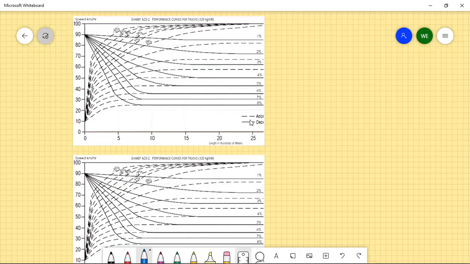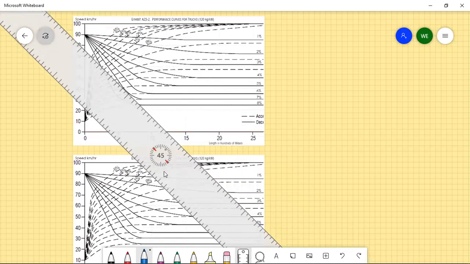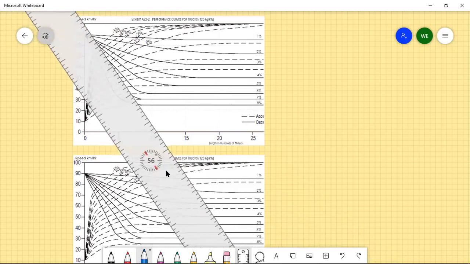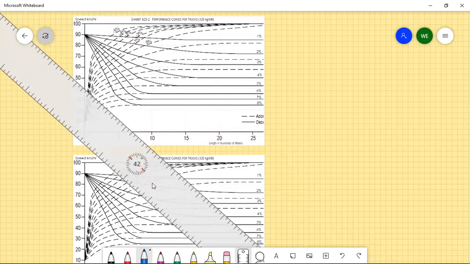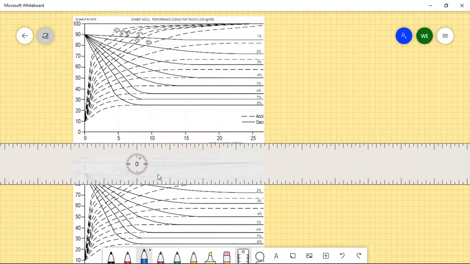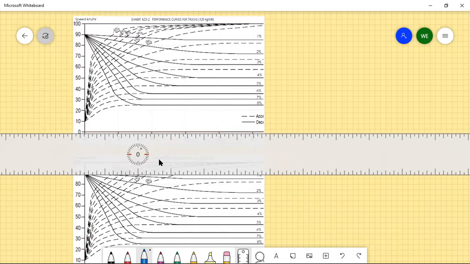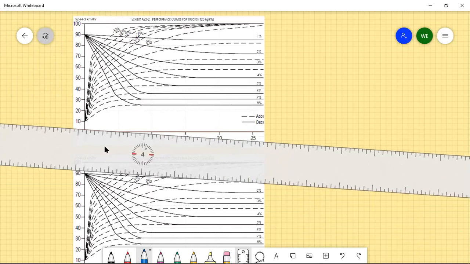So let's start with a ruler. Before we start with the ruler, let's identify the horizontal distance. As we mentioned, our grade is 300 meters. So here we have how many units?